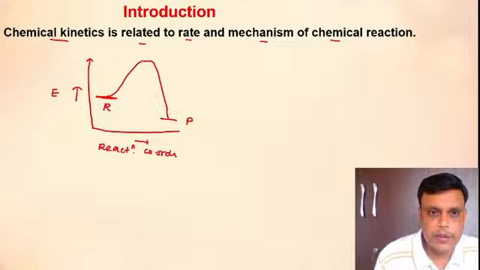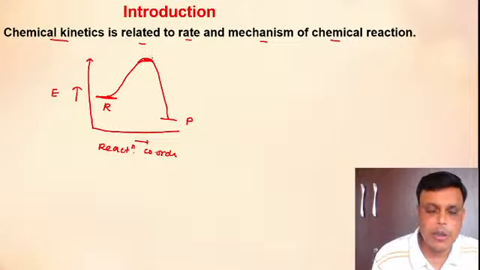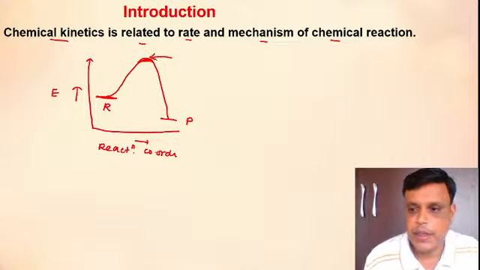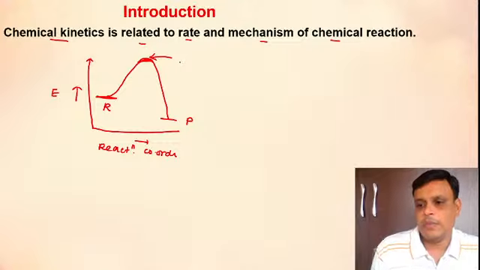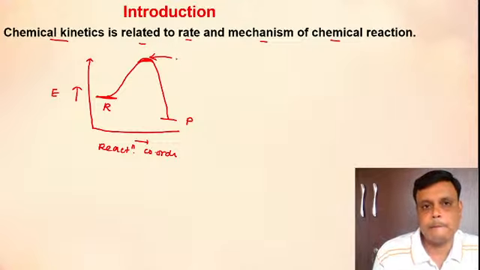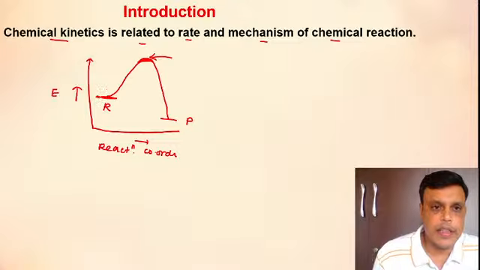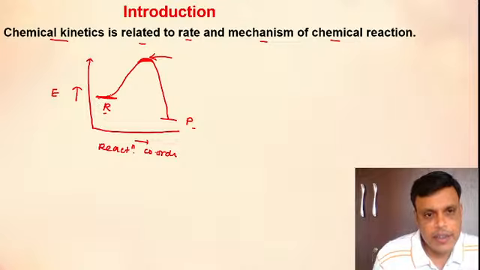Now this peak, can anybody tell what it is called? What do you call this peak? Here at the starting reactants are there and at the end products are there, and generally reactants have higher energy than the products.